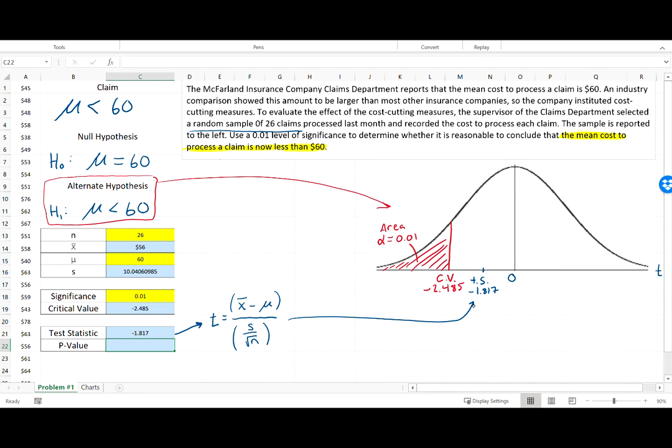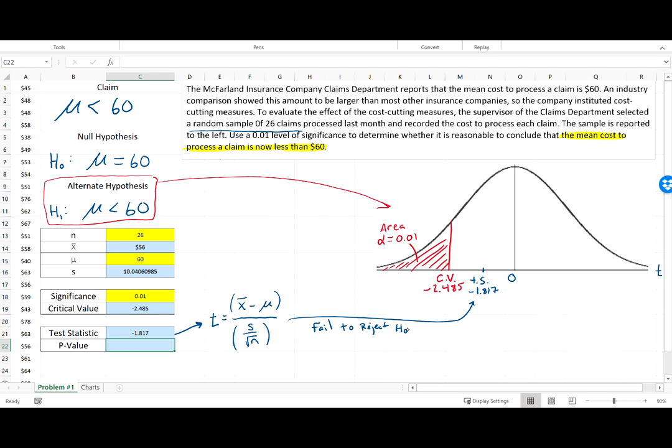So our sample data, we've converted to this one single value to sort of represent that sample, and that test statistic is not in the critical region. So that tells us we fail to reject the null hypothesis. Fail to reject the null hypothesis.